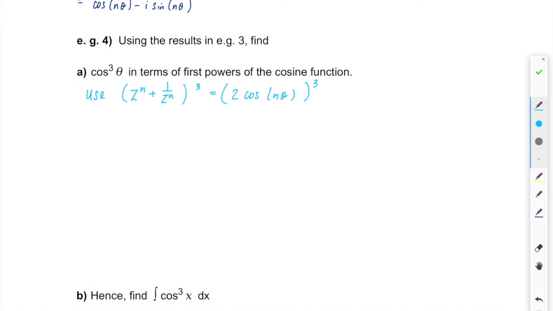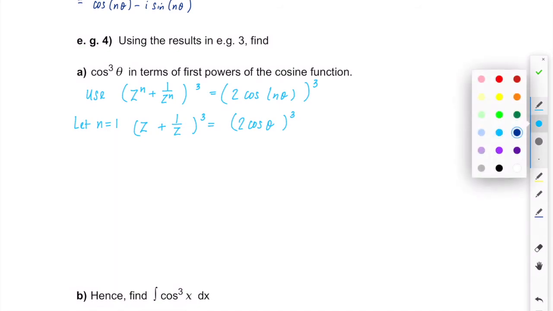Right? So now if I let n be 1 so that we will have cosine theta in the expression, then I'm going to have z to the power of 1 plus 1 over z, cubed, like that.